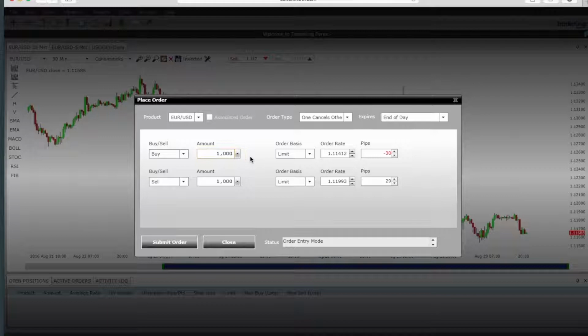And if that happens, then this sell order will be canceled. And then the opposite is also true, where this is also a limit order. So if the euro dollar pair were to hit these levels, you would essentially be short the euro dollar, and this order would be executed while this order would be canceled.